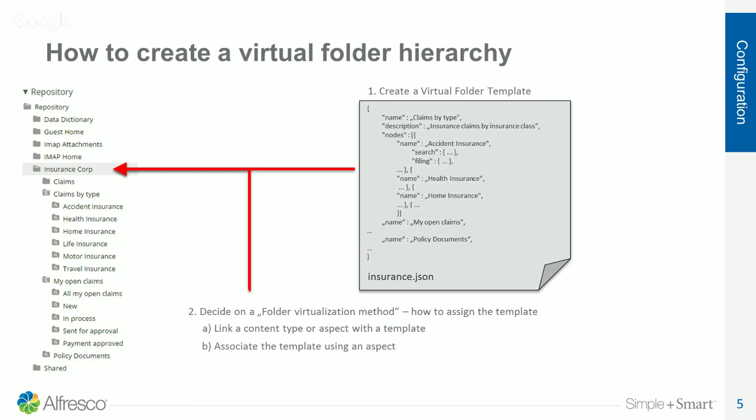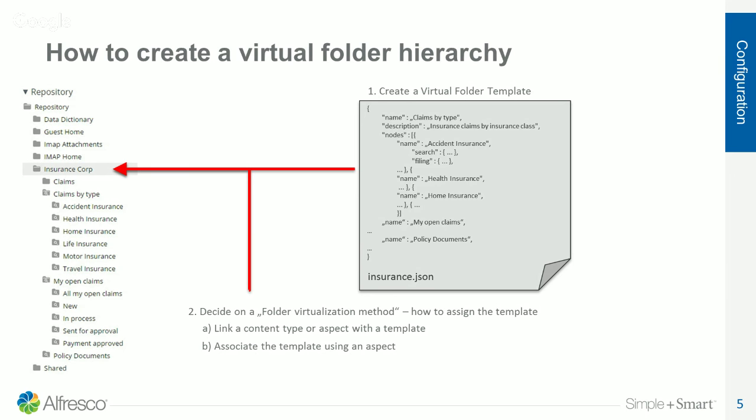Okay. What about the parent folder? Right now in the example we see in your screenshot, you have the insurance crop folder. Is that a normal folder with an aspect, or is that a special folder? That is a normal folder.